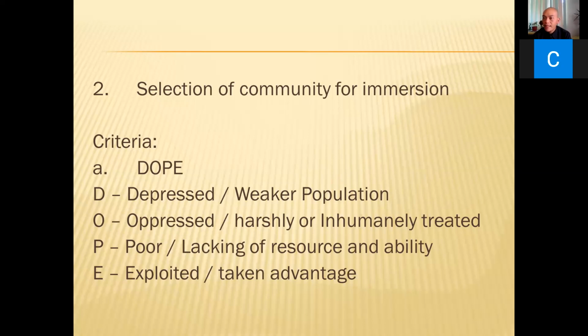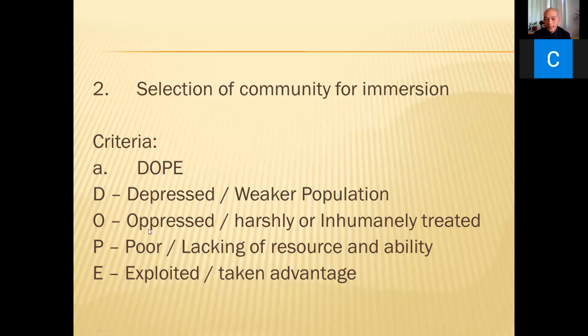But when you talk about depressed, they are the ones who do not have the ability to help themselves. They are the weaker population not only financially but also intellectually. They do not know much about health, so they are the ones who will benefit in terms of health education, free health services, house to house. Those are the depressed and weaker population.